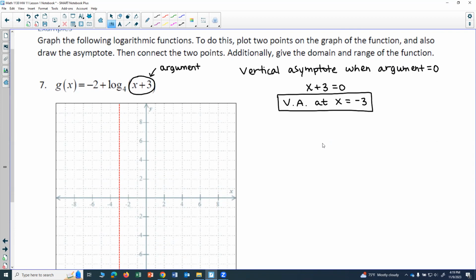We saw in the last video that the easiest way to get points on your graph is to change your equation to exponential form. So I'm going to write my equation as y equals -2 plus log base 4 of x plus 3. And I want to change that to exponential form. First I'll add the 2 to both sides. So I get y plus 2 equals log base 4 of x plus 3.